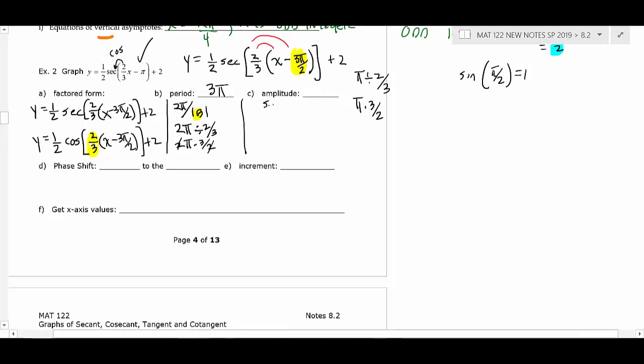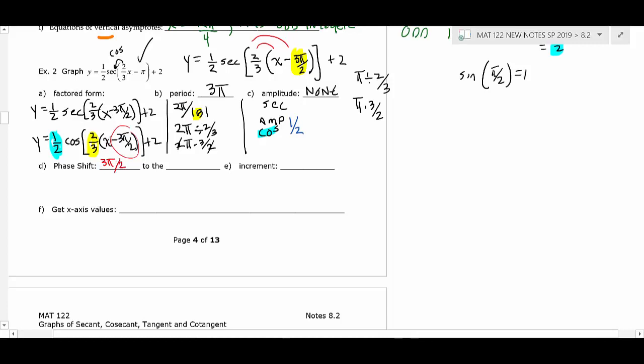The amplitude of a secant is none. However, the amplitude of the corresponding cosine is 1/2, and we need to look at that when we graph it. The phase shift is this number here, so that's going to be 3 pi over 2.